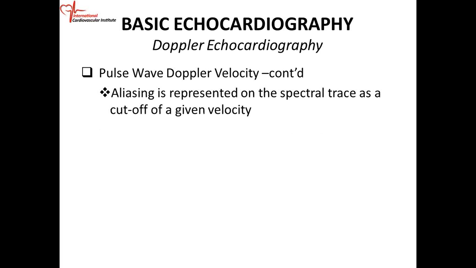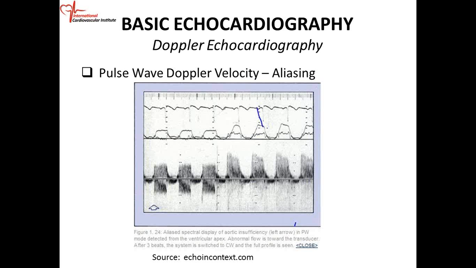All right. So aliasing is represented on the spectral trace as a cutoff of a given velocity because it can only measure up to 2 meters per second, and it looks like this. So if you were assessing aortic insufficiency, that is when you get a backflow of blood across the aortic valve.